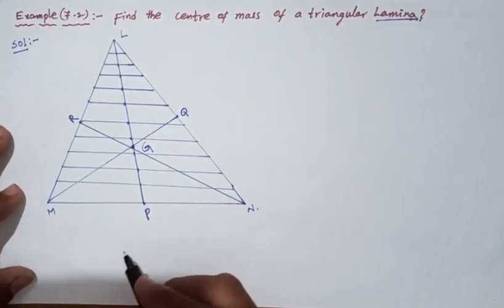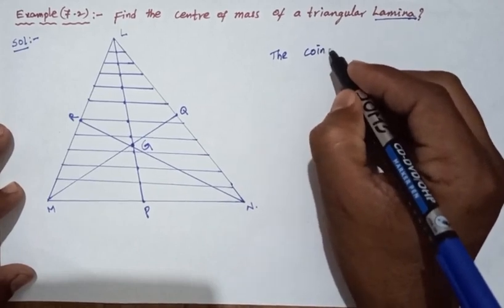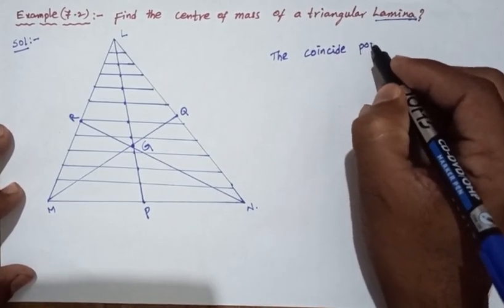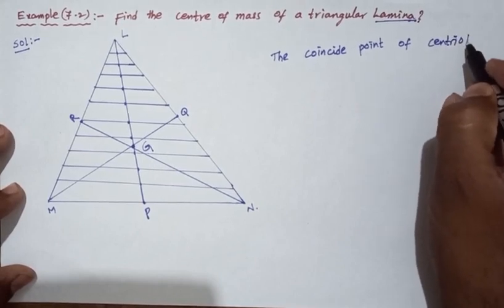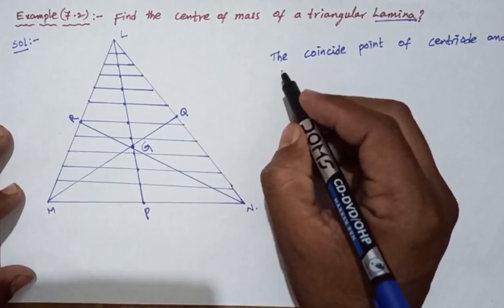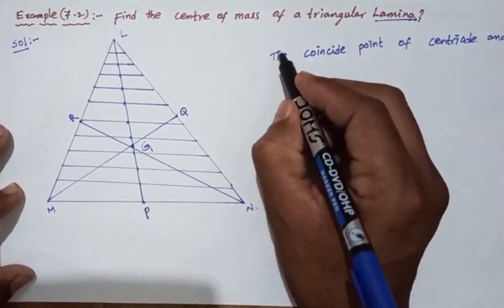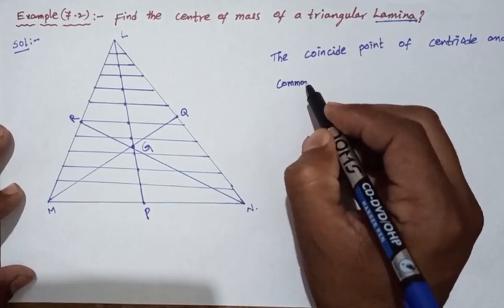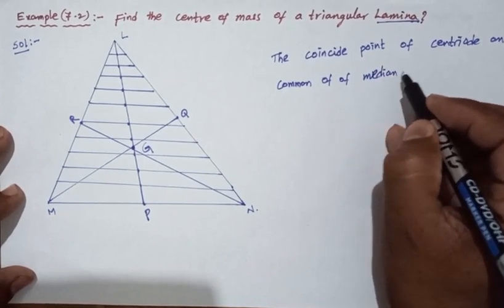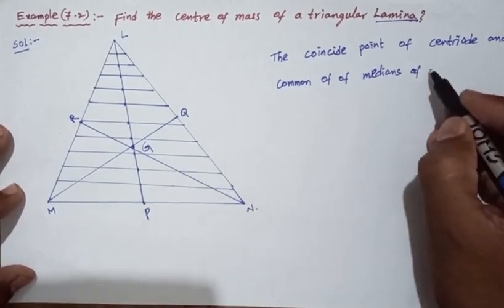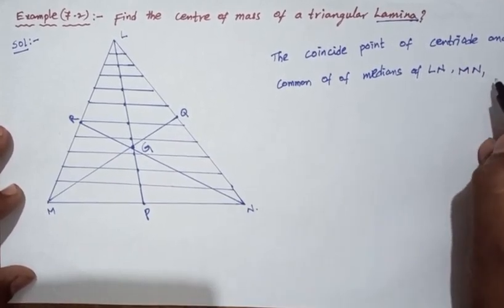So we can write here: the centroid is the common point of the medians of LN, MN and LM.